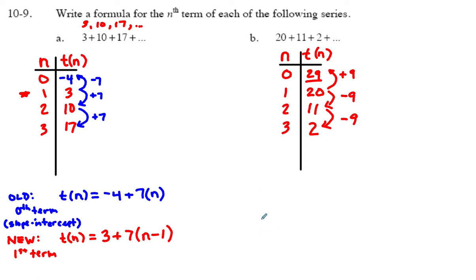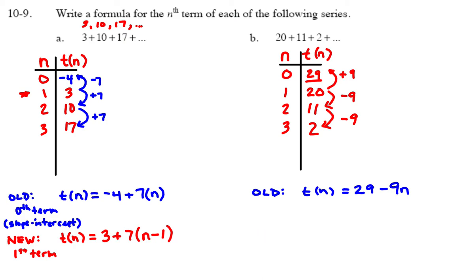So for our old form here, I'm going to color code it, the old method that we used to use, we would say t of n equals our 0th term, which was 29, minus, and our common difference is 9, right? So we're adding, you could say plus -9, or you could just do minus 9 times n.